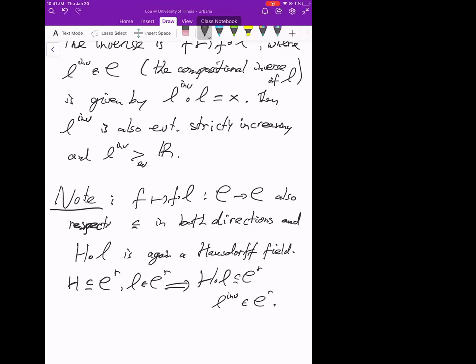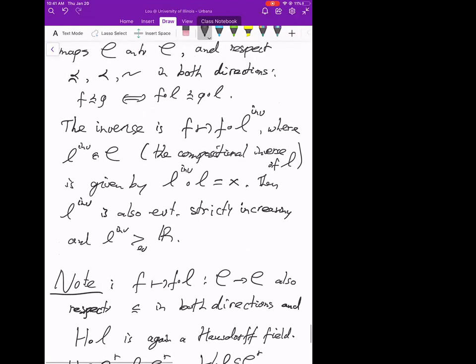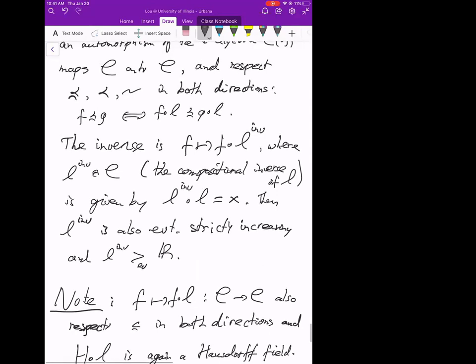Okay, I will stop here. This last material is rather simple, but I just wanted to state it, and the verifications are really obvious, I think. Anyway, if there are any questions.